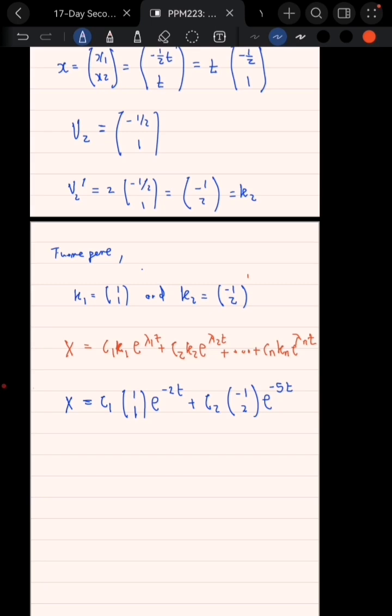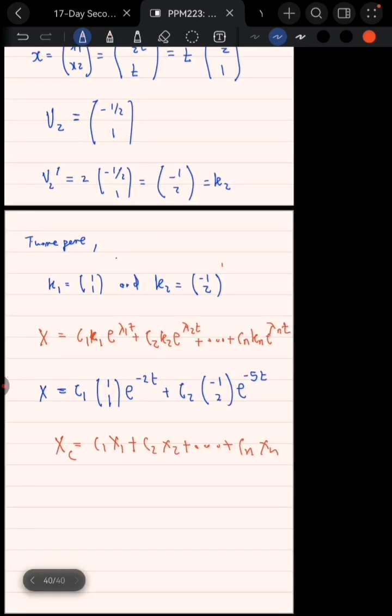We now recall that finding the general solution of the associated homogeneous system is actually determining the complementary solution of the given non-homogeneous system, which is expressed in this form. The complementary solution is equal to c1 x1 plus c2 x2 plus all the way to cn xn.